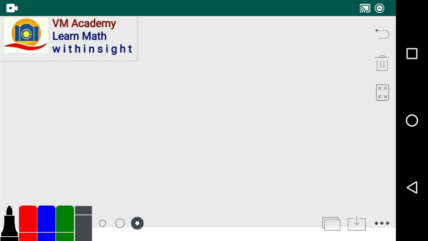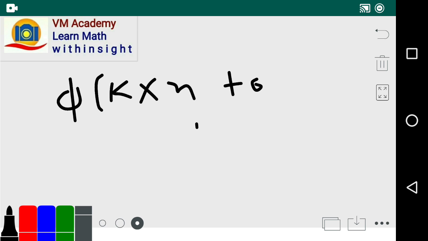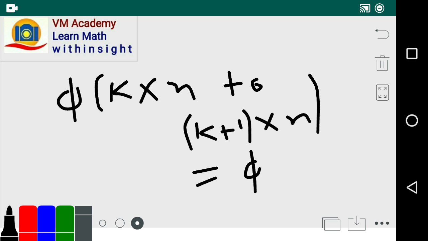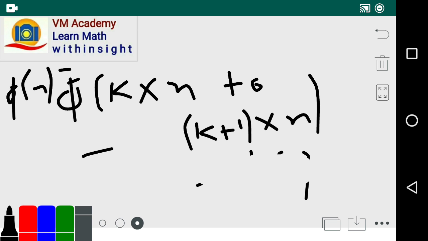In general, phi from k times n to (k plus 1) times n, where k is an integer, is nothing but phi of n. Phi of n is also equal to this, friends.